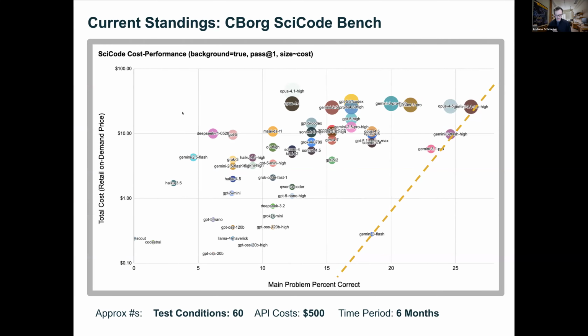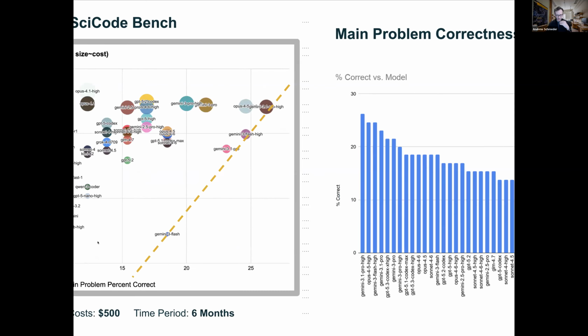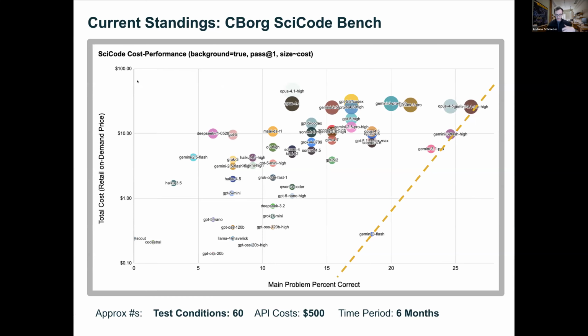So this is the high-level results of me testing all of the different models under around 60 different test conditions over the past 6 to 9 months. What I've plotted here on the vertical axis is the total cost of running the entire benchmark, which involves processing between 1 to 2 million tokens.